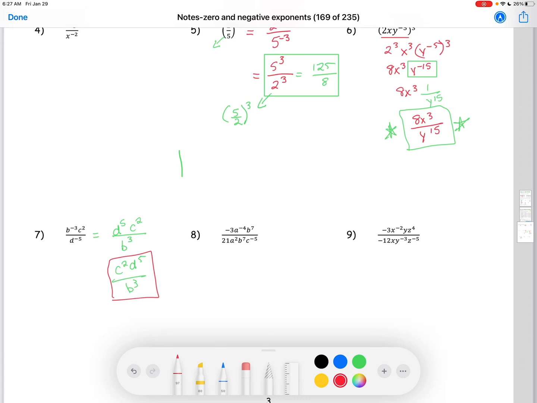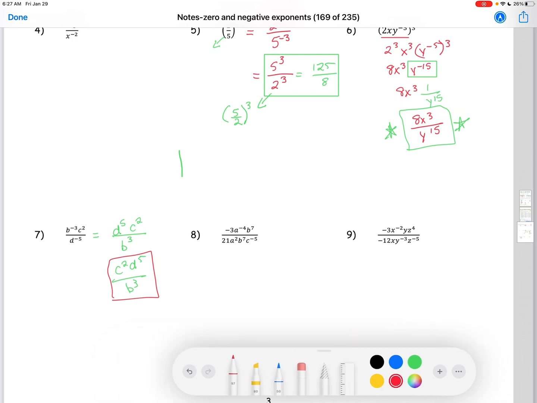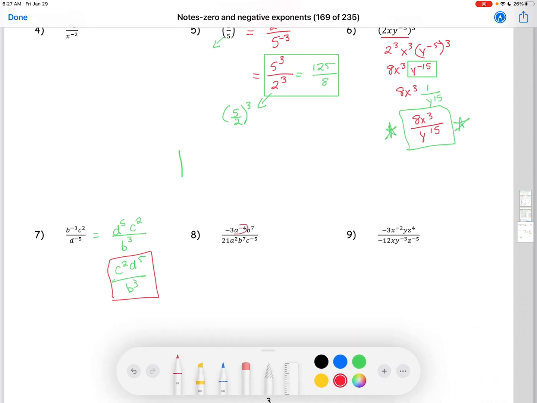So number 8 should be just as simple, right? This a to the negative 4 is going to go in the denominator. And this c to the negative 5 is going to go in the numerator. All right, so let's go ahead and do that.